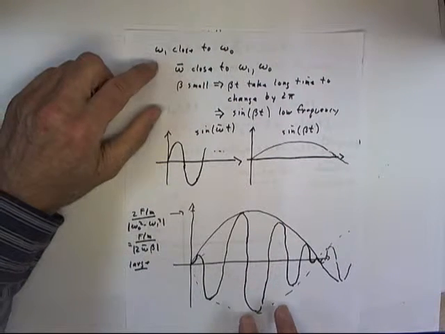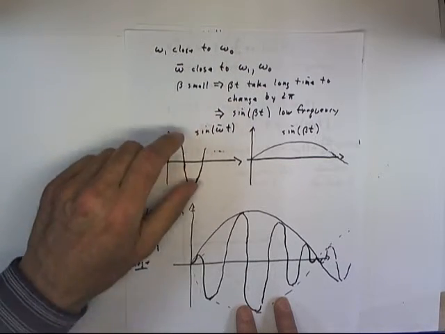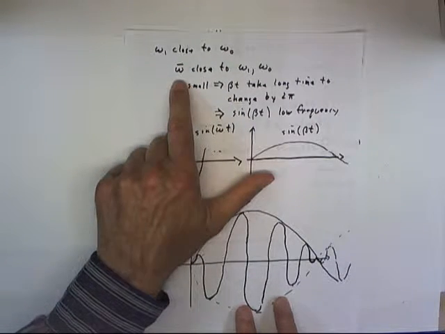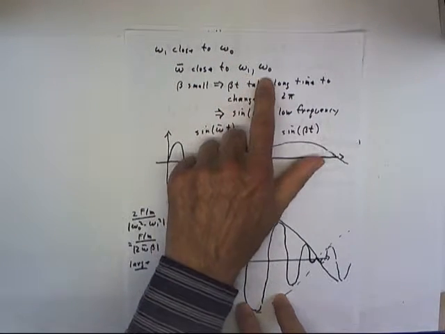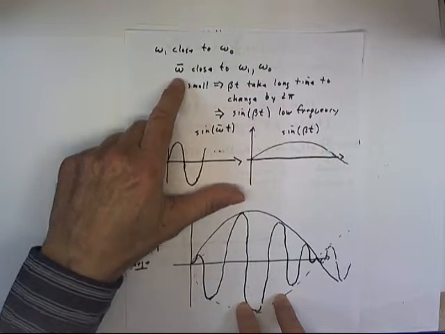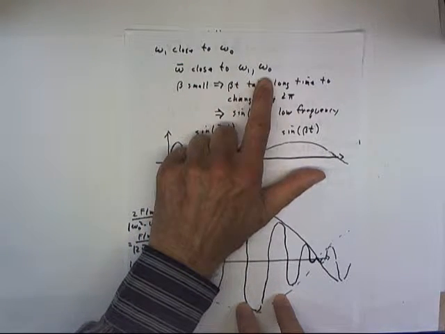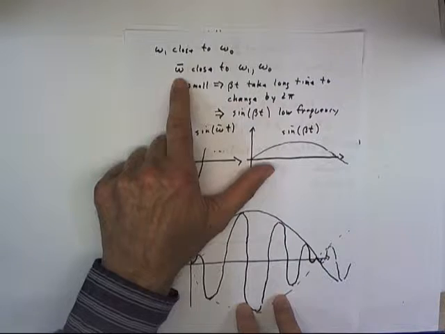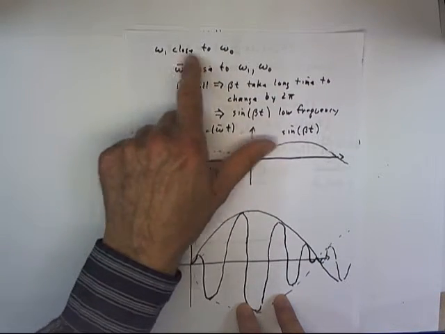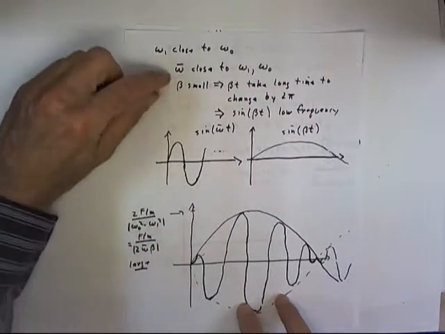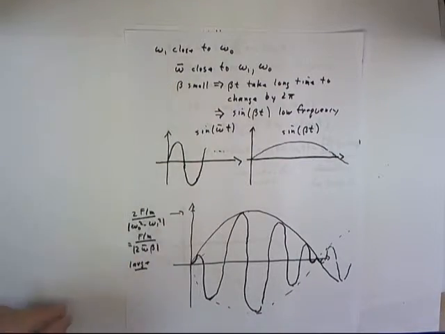In the meantime, omega 1 stays close to omega naught, so omega bar is going to stay close to both omega 1 and omega naught. If omega 1 is close to omega naught, then so is omega bar, which is just the average of omega 1 and omega naught. So omega bar isn't going to change very much at all.